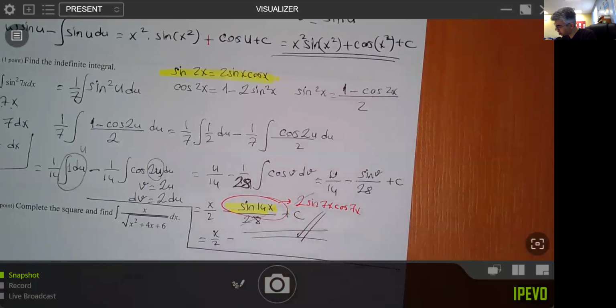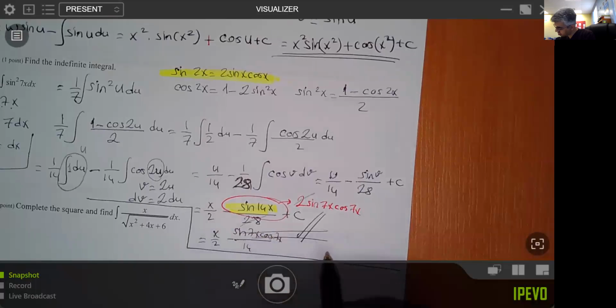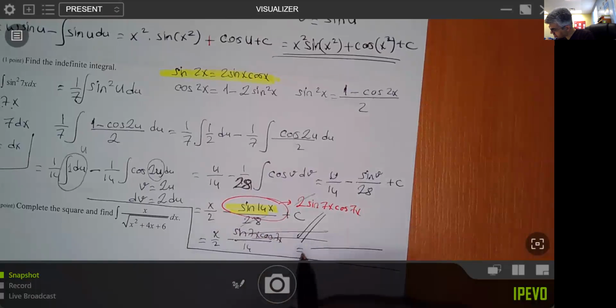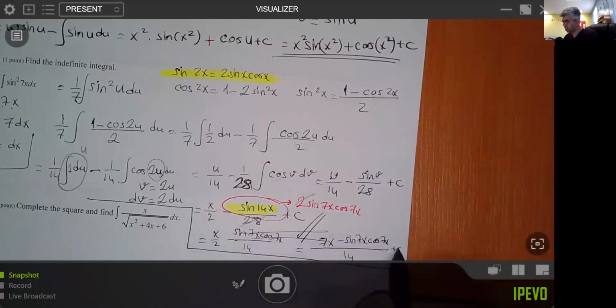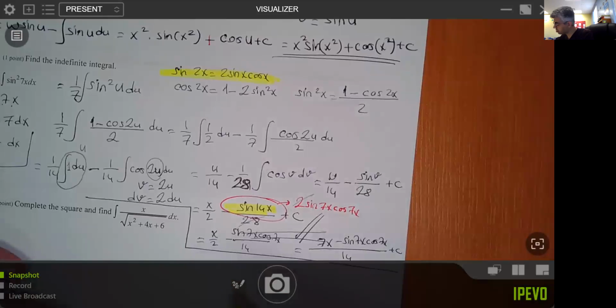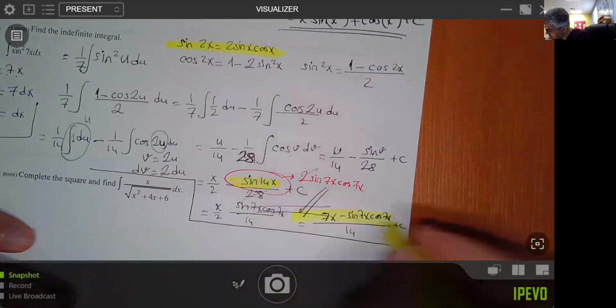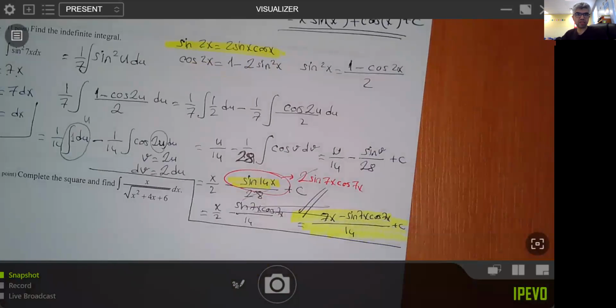It will be 1 over 14 sine 7x cosine 7x. I can write it as equal denominators. I just try to get the same answer like in the answer sheet. It is 7x minus sine 7x cosine 7x over 14 plus c. Yes, this is the final answer. This is the final simplest answer.